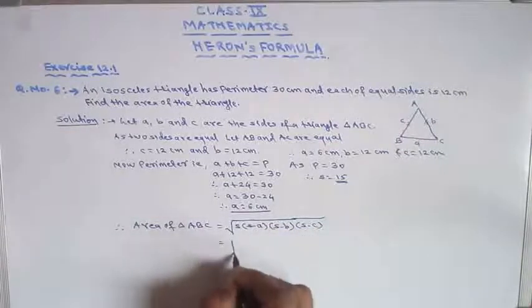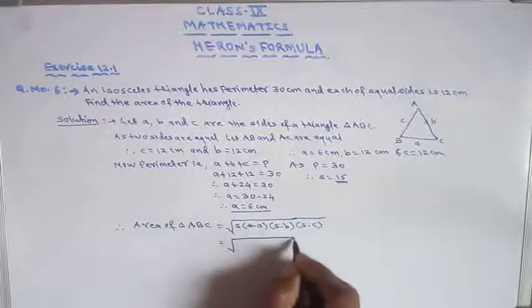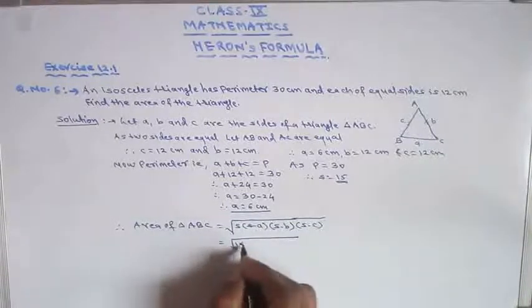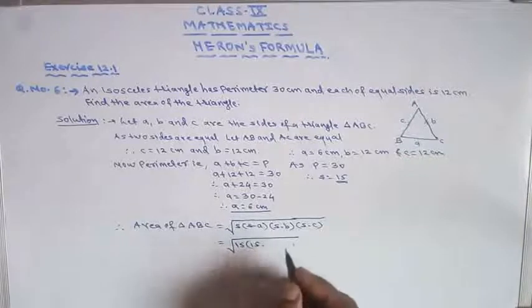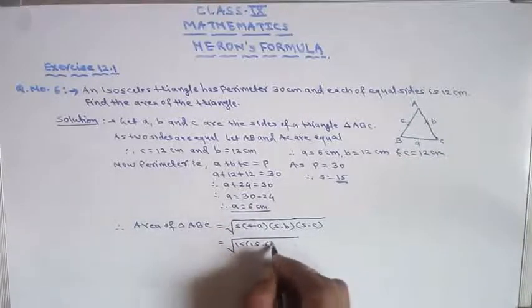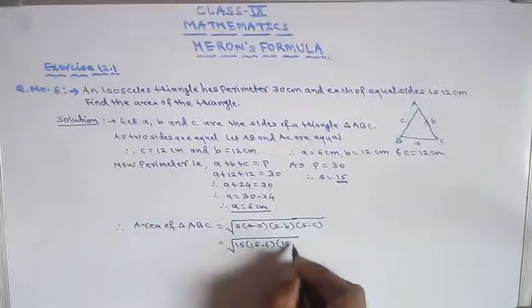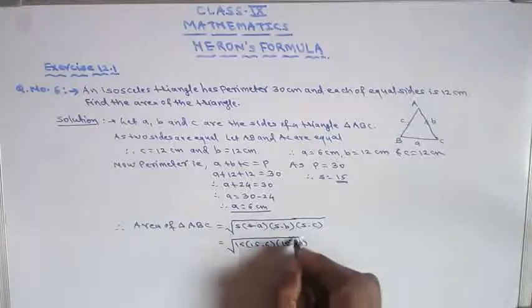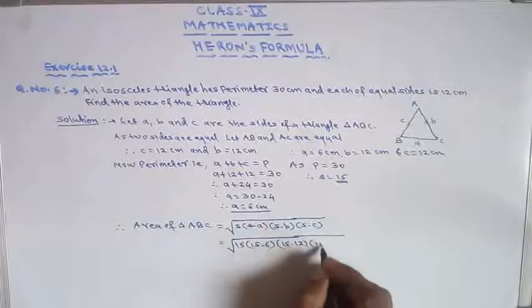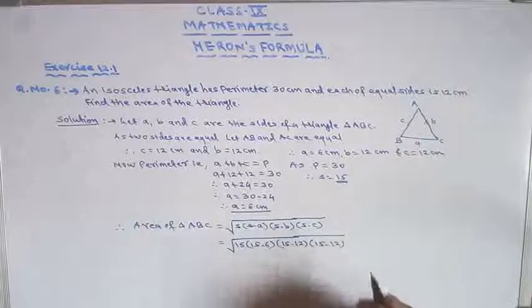This is equals to, what is s now? s is 15 into 15 minus what is a, 6, into 15 minus what is b, that is 12, into 15 minus what is c, that is also 12.